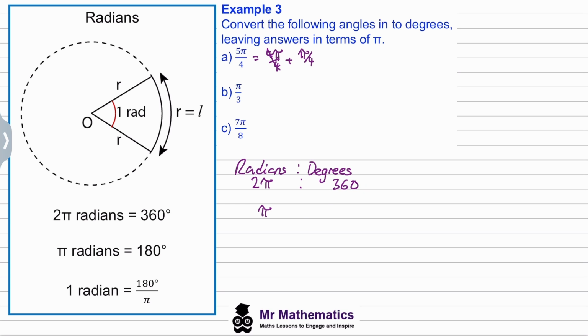So pi radians, we know is 180 degrees. Then we just need to add this to pi over 4. So if we divide 180 by 4, we get 45. So 5 pi over 4 will be the 180 plus the 45. So we'll get 225 degrees. Okay?